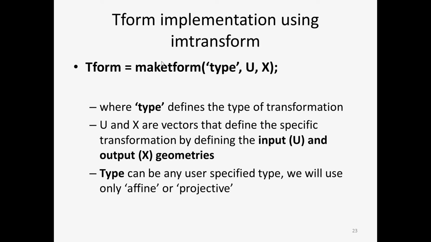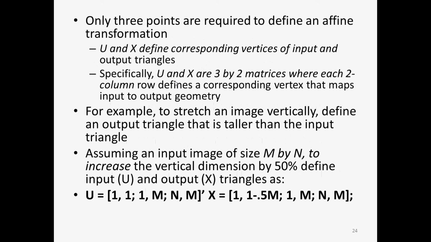I have a couple of examples, but in general, this function make_t4 can be used to specify an affine or projective transformation. In general, only 3 points are required to define an affine transformation.